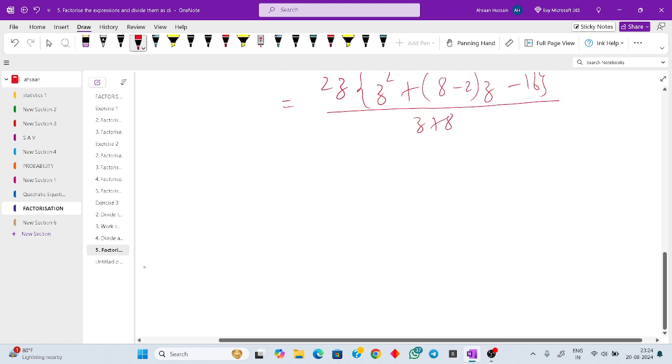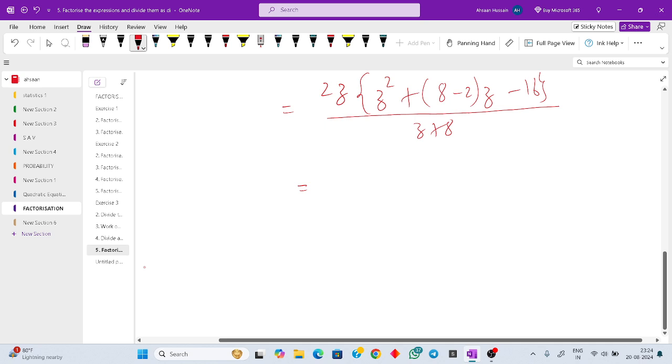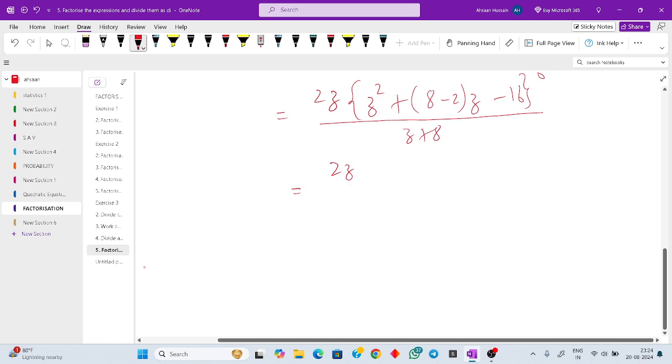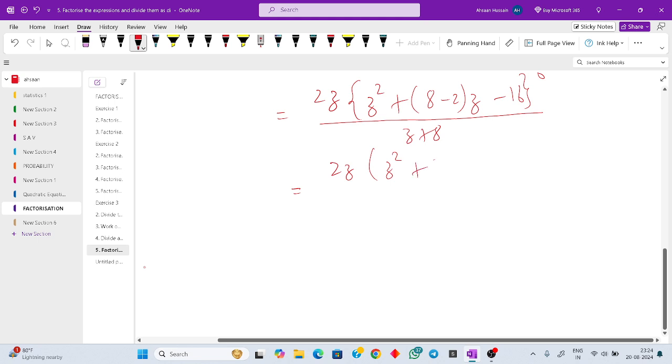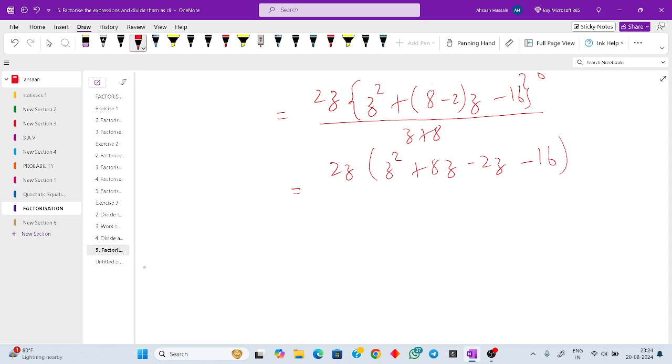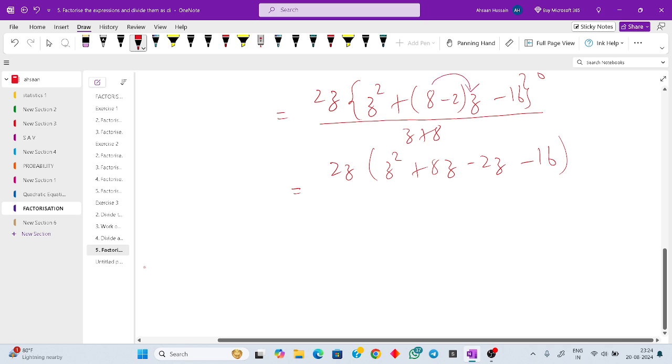So 2z, then z square plus 8z minus 2z minus 16. 8 multiplied by z is 8z, and negative 2 multiplied by z is negative 2z, divided by z plus 8.